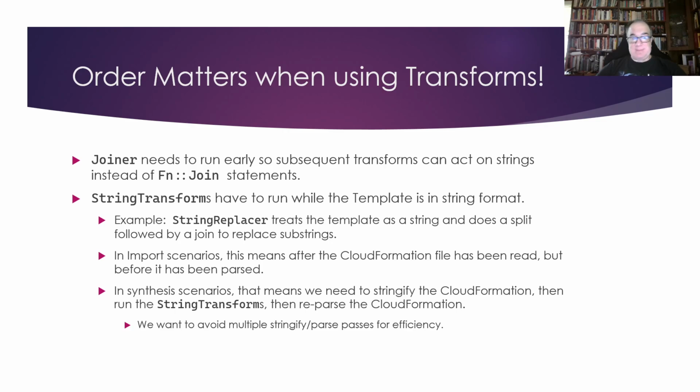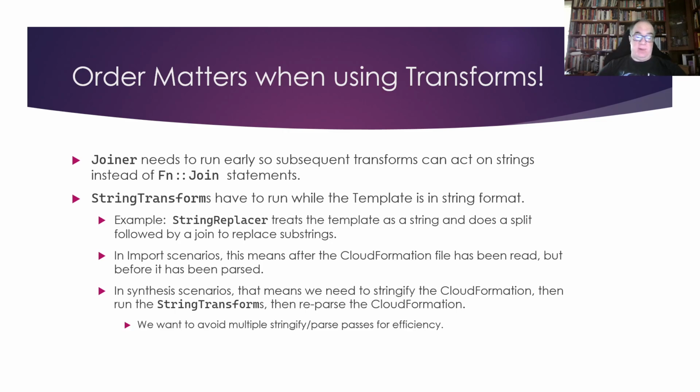You can create other forms of string transform, but I find that the replacer has been enough for most of my use cases. In import scenarios, string transforms have to run after the CloudFormation file has been read, but before the CloudFormation file has been parsed. In synthesis scenarios, we get the CloudFormation directly from either the CFN element or the stack, and we need to stringify that CloudFormation in order to run string transforms.